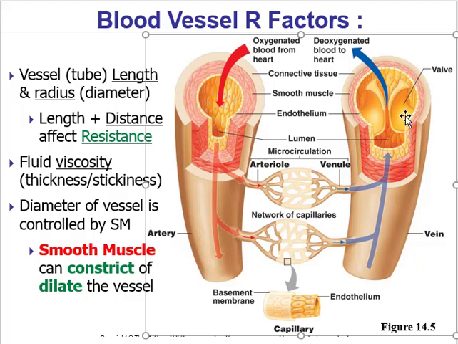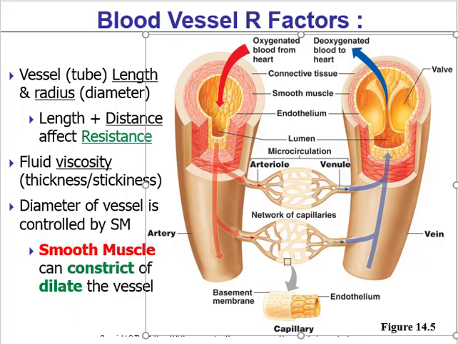So structurally, veins and arteries are very different because they have a different job. Okay, so high pressure, elastic recoil is characteristic of an artery, whereas a vein is a large, low resistant type of blood vessel with low pressure returning blood towards the heart.